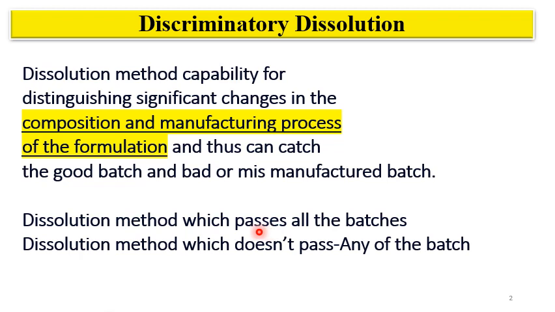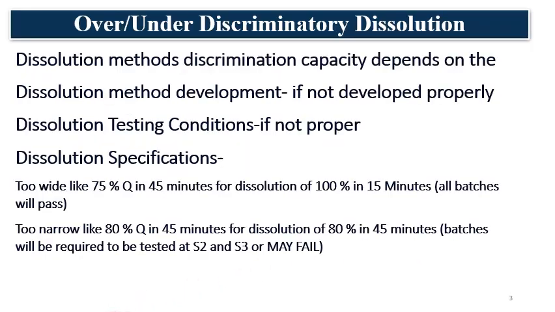A dissolution method which passes all the batches may be called under discriminatory or permissive, or a dissolution method without any discriminatory power, and the dissolution method which doesn't pass any of the batches is called an over discriminatory method. So the method should not be under discriminatory or over discriminatory.